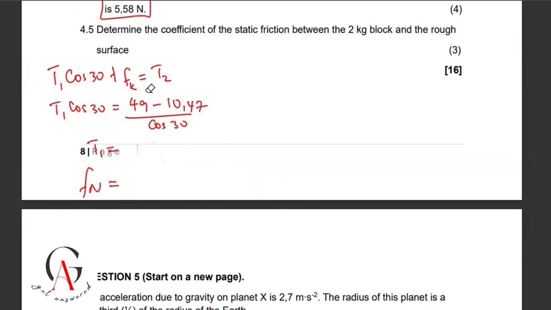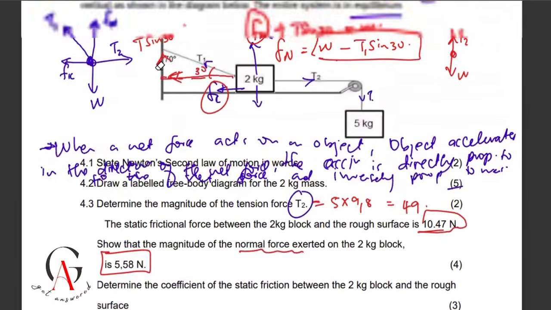Let me just punch this into my calculator again. We're saying 49 minus 10,47 divided by the cos of 30. Is it a 30? No, it's not a 30.